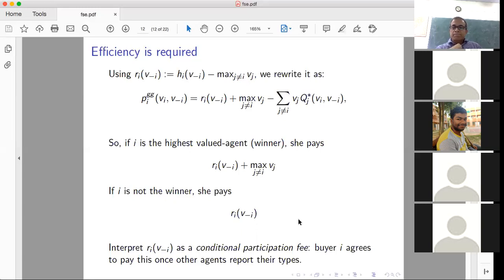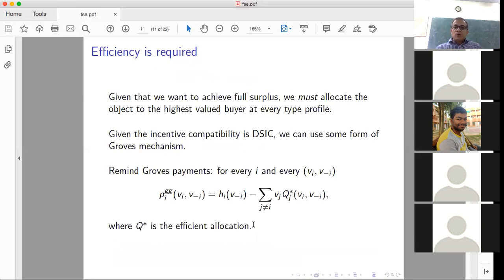Is there any intuition behind converting h_i to r_i? The intuition is that in the original expression, if buyer i wins, his payment is h_i(v_{-i}), because this term is 0. If buyer i is the winner, then the value of the others is 0. If buyer i is not the winner, then it is h_i(v_{-i}) minus the highest of the v's.